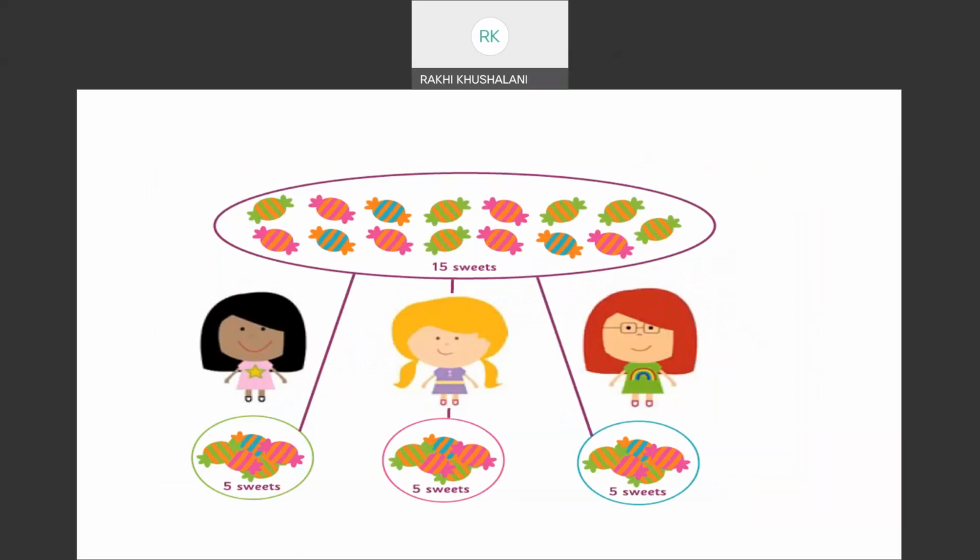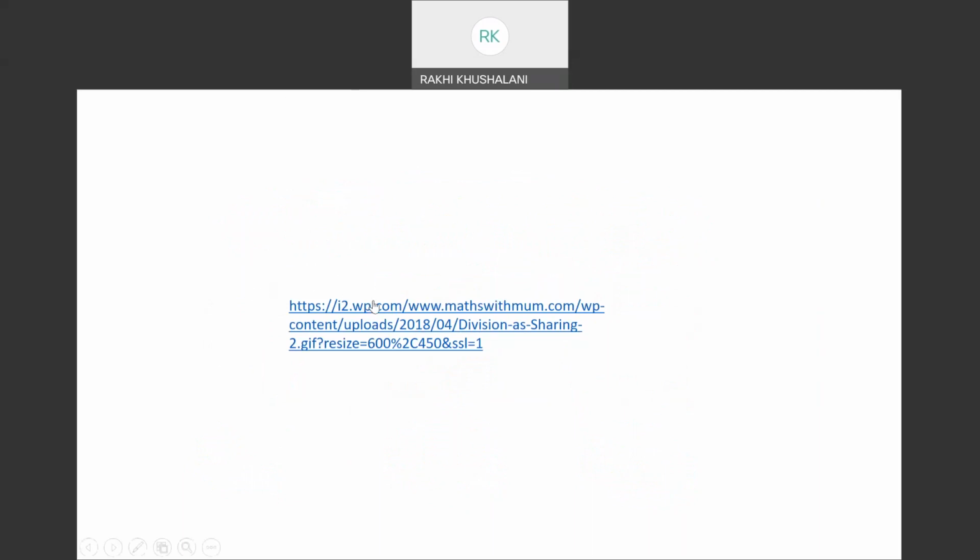So every cute girl is getting 5 sweets. Each cute, see, I'm using the term each, every. Every girl is getting 5 sweets. Each girl is getting 5 sweets. Now let's see something here.